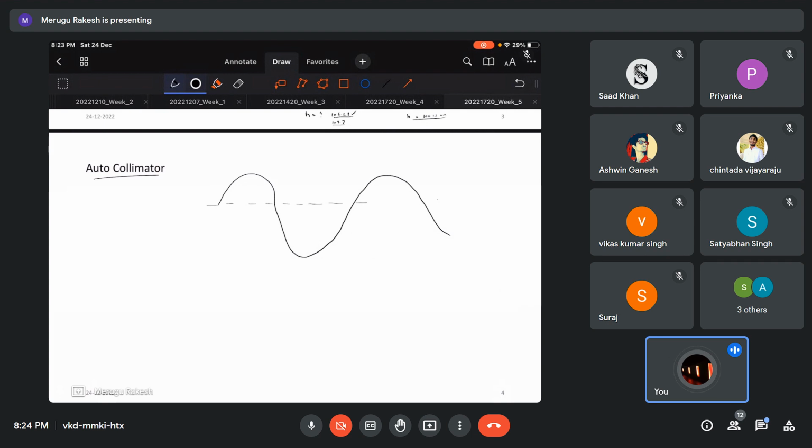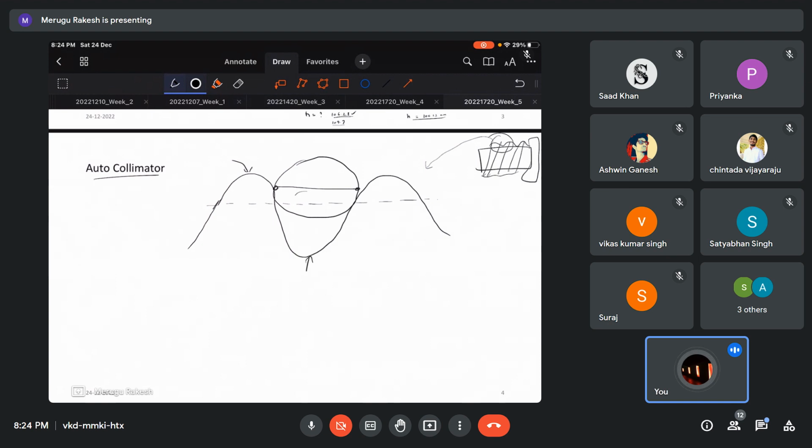So suppose I have a screw. I am just magnifying this part. This is the peak and this is the valley you have. If I place wires of any diameter, in the two wire method or three wire method, suppose I have a big circle like this, it might contact somewhere else.